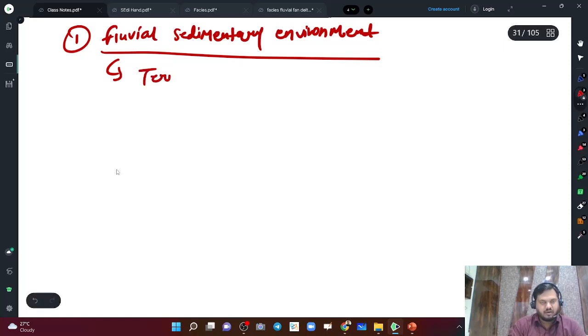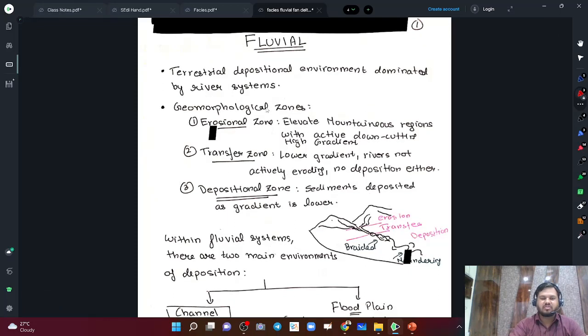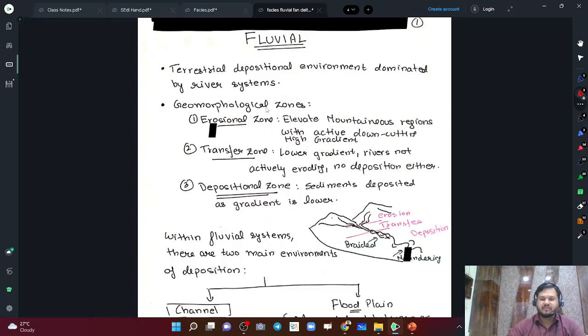This is terrestrial. So I think I have handwritten notes, so मैं उसी से पढ़ाऊंगा, right? Okay, so this is fluvial. Can you see these notes? Are they legible? Yes, sir. Okay, so the first one is fluvial, right? They are terrestrial depositional environment, right? Dominated by river system. So like suppose this is a river system.